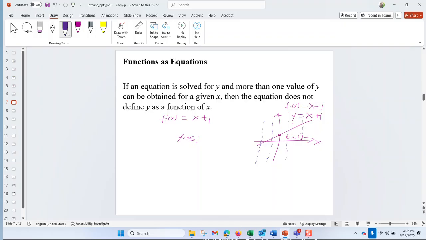If I draw a vertical line anywhere on the graph and it only passes 1 point, then this is 1x only corresponding to 1y. So this one will be a function. Okay, sometimes we call this the vertical line test. All right, the VLT, vertical line test. Okay, when you draw a vertical line anywhere and it only passes 1 point, that is a function.